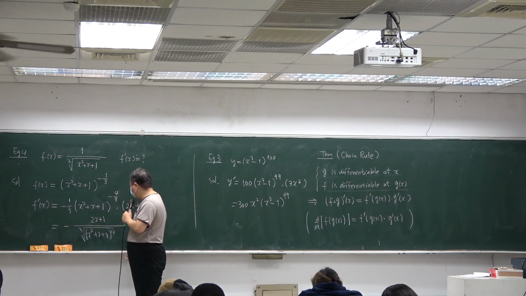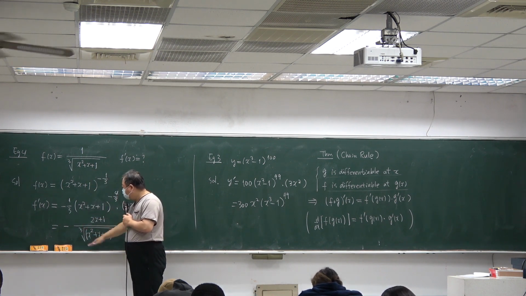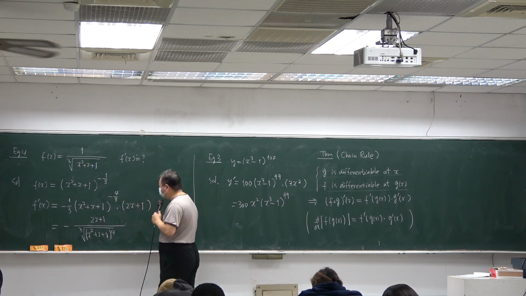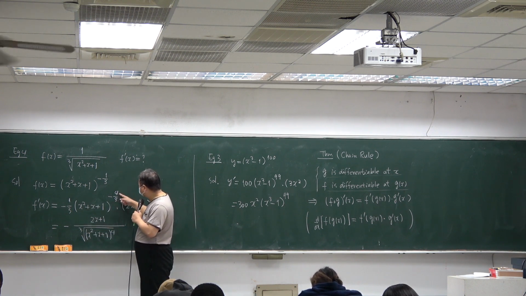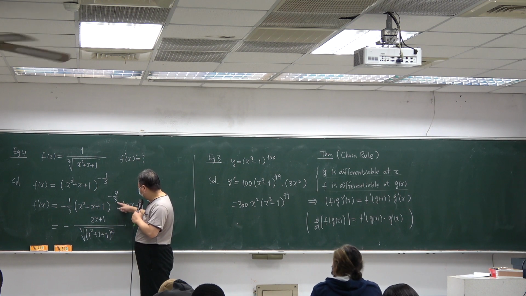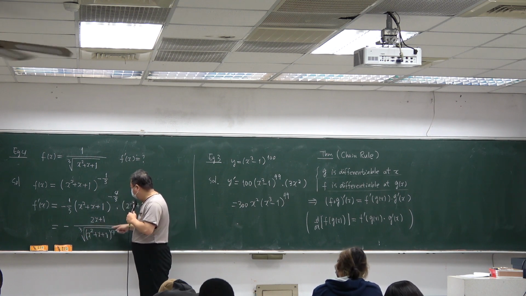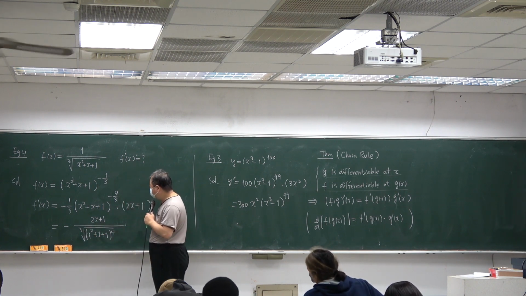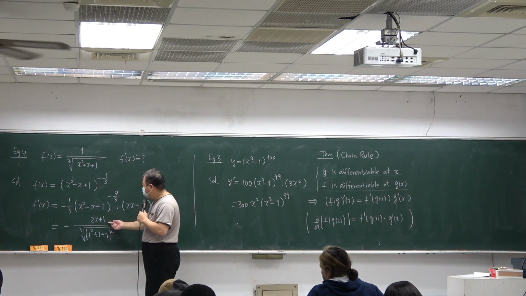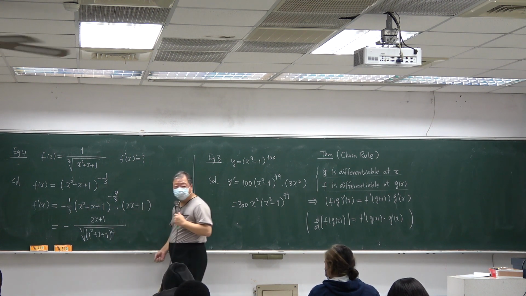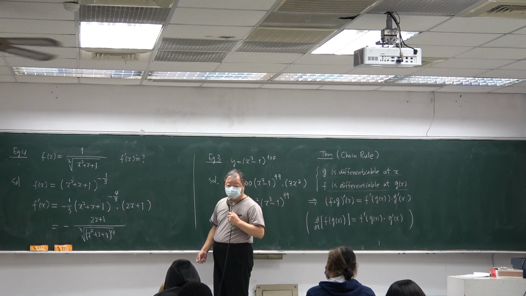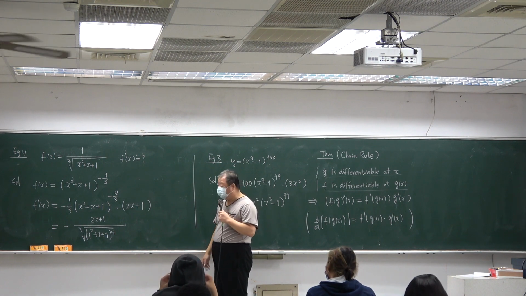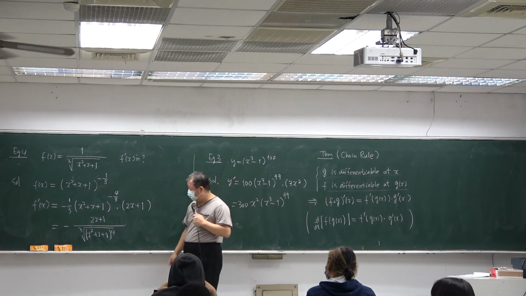Minus, make this one the denominator and 4th power. And the 1/3 is the cubic root. 2x plus 1 is in the numerator. Okay? No?